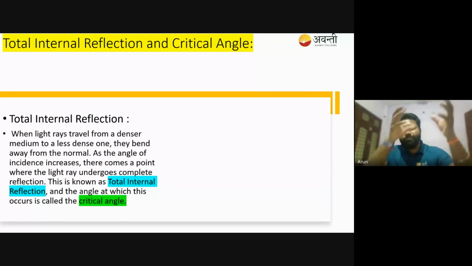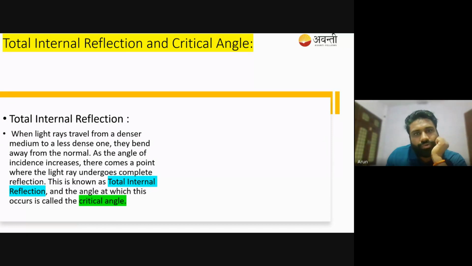When light comes from a denser medium and goes into a rare medium, it moves away from the normal. This is the formula of refraction. But what if I continuously keep on increasing the angle of incidence? I will have to draw this now. So this is the light, this is the denser medium, this is the rare medium. It moves away from the normal.